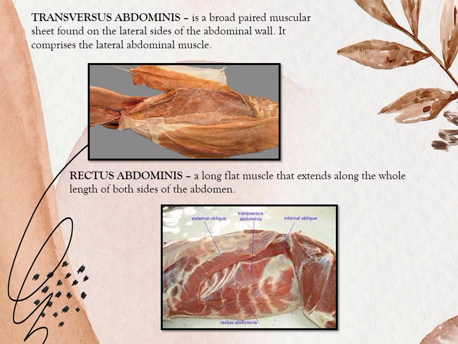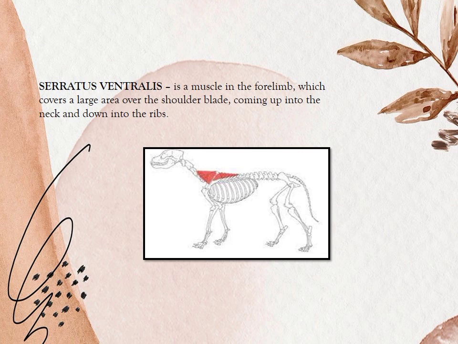And laterally, this muscle is associated with the third group, the lateral fascial muscles. Serratus ventralis is a muscle in the forelimb which covers a large area over the shoulder blade, coming up into the neck and down into the ribs. The serratus ventralis is composed of cervical and thoracic portions that originate from the cervical vertebrae.